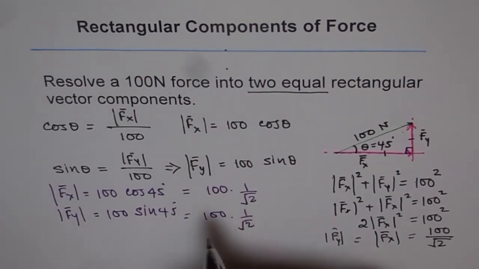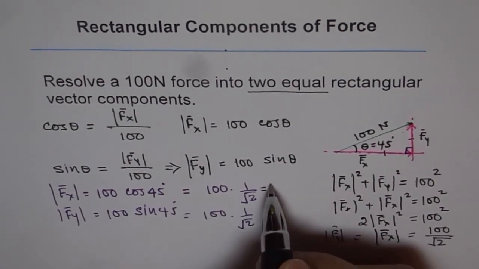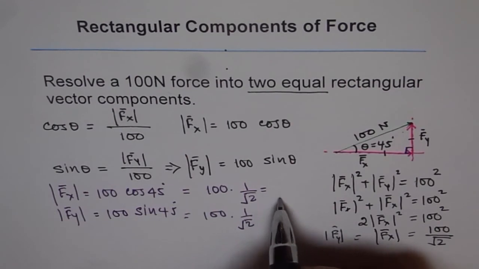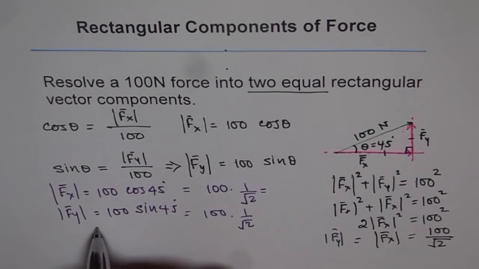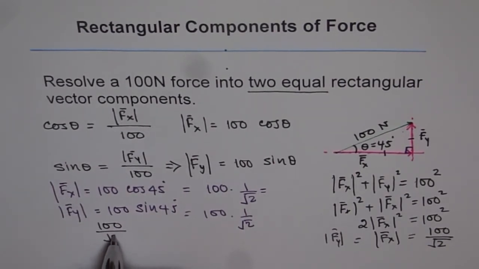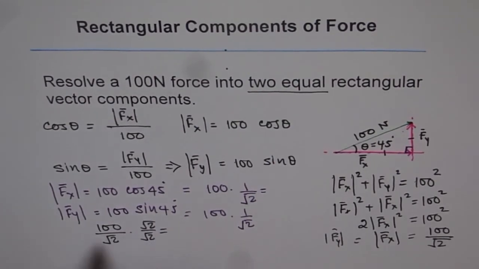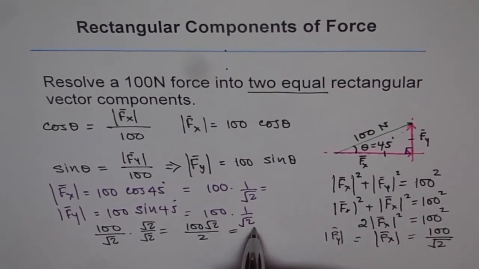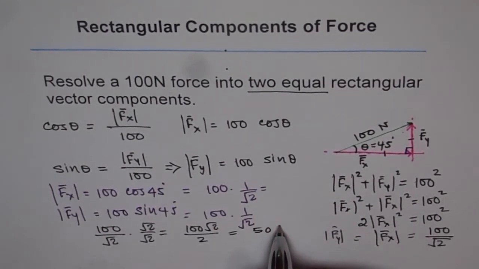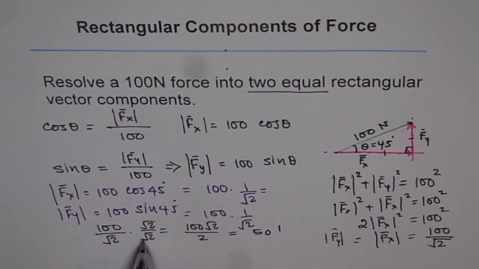It is normally better to rationalize it. If we rationalize it, that means multiply and divide by square root 2 and then write down the answer. Let me show you rationalization here on the side. So if we have an answer like 100 over square root 2, rationalizing means multiplying and dividing by square root 2, right? So it gives you 100 square root 2 over 2, which is equal to 50 square root 2, because square root 2 times square root 2 is 2, so 100 divided by 2 is 50.